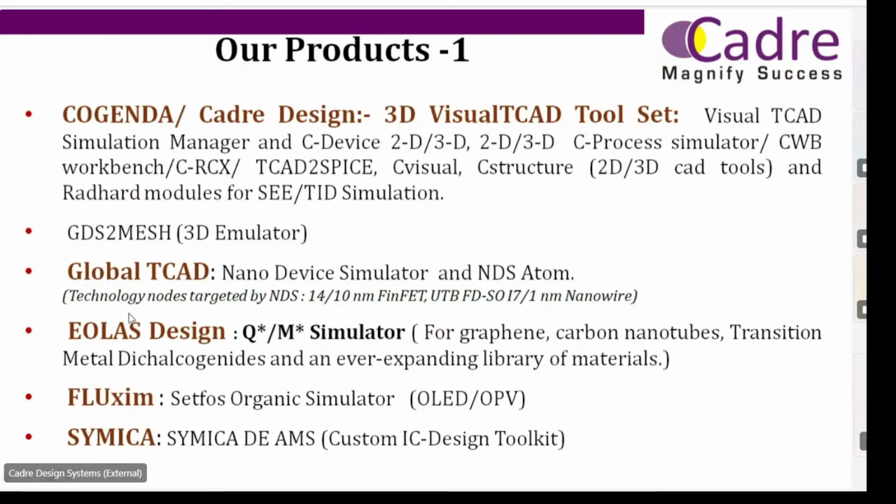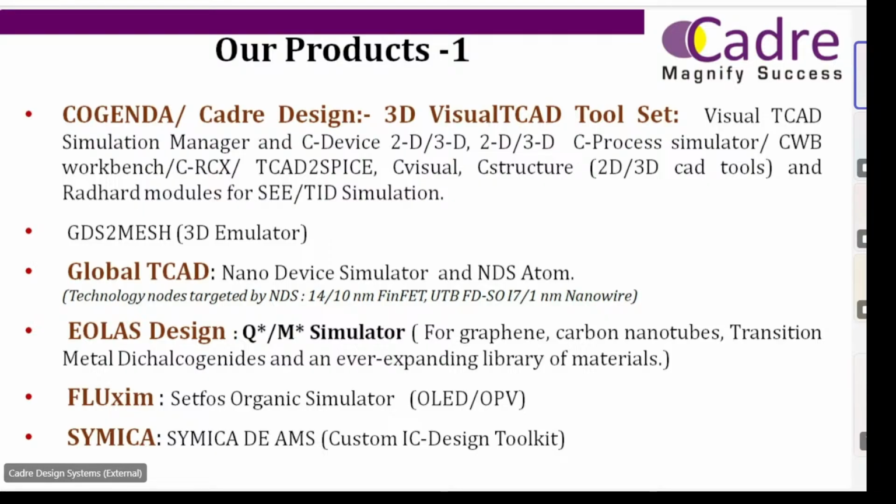Then we have an NEGF simulator, named QStar simulator. This QStar simulator is mainly useful for graphene, carbon nanotube and other 2D materials. It also supports heterostructures using graphene and a 2D material, or two different types of 2D materials.